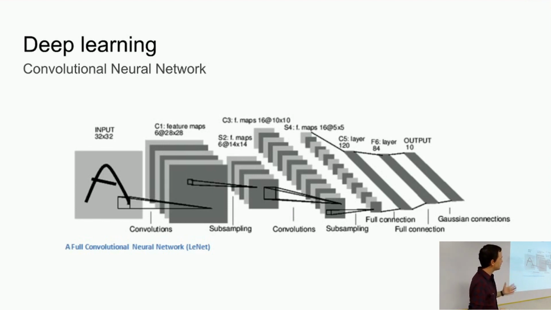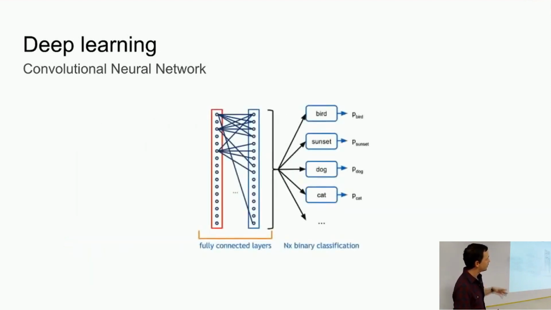And what it does in the end, when it has a whole bunch of output filters, some of them activated, some of them not activated because it didn't detect a cat while it was in the mouse picture, what we have is just a fully connected layer. The whole purpose of this layer is just to match all the filters that were activated with the label that each filter has.